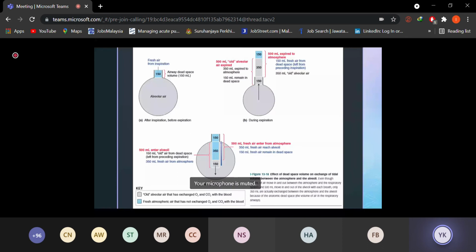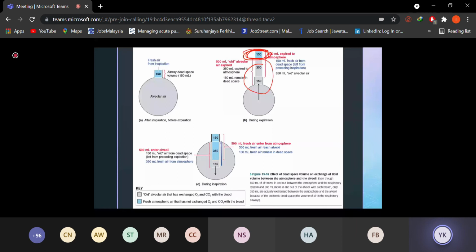You also have new air that you haven't used, and this one is old air. This 150 mL is located in your dead space. So we have the anatomical dead space.